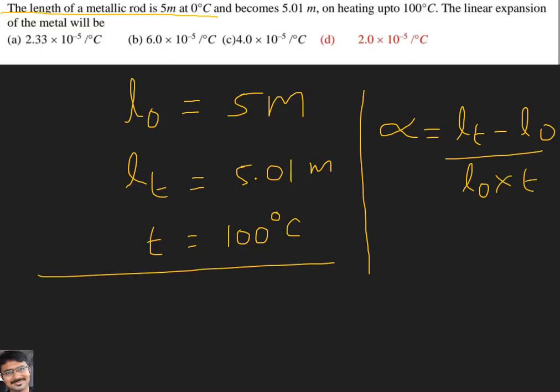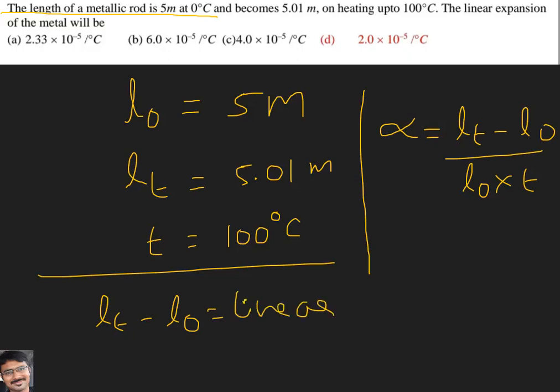Suppose I didn't see the options, and they are asking simply what is linear expansion. Linear expansion means nothing but the change, LT minus L naught. This is called linear expansion.